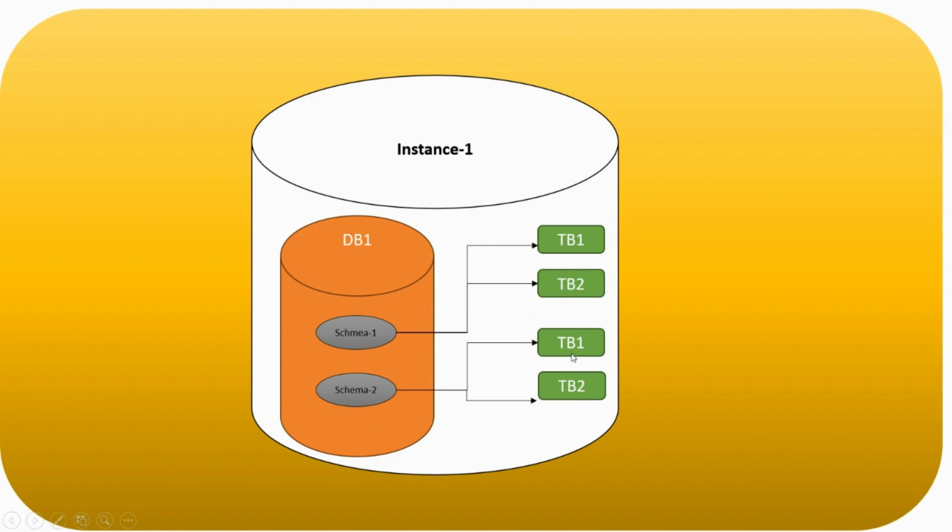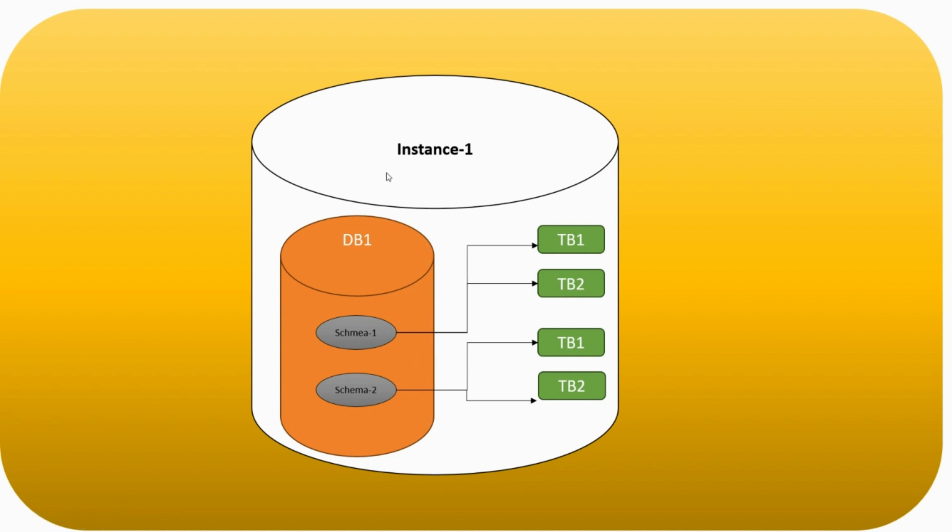If under schema 1 you have tb1 and tb2, under schema 2 you can again have tb1 and tb2, same names. This is possible because these two come under this group and these two under that group. This schema comes under this database, which comes under this instance. So this is the hierarchy.